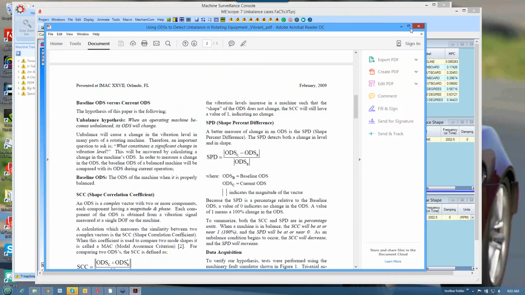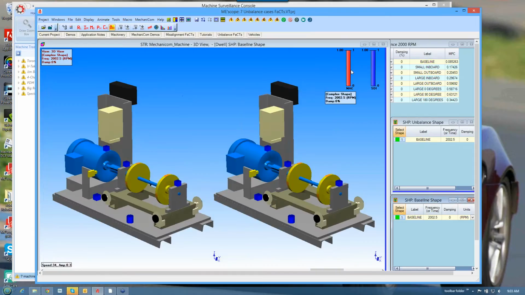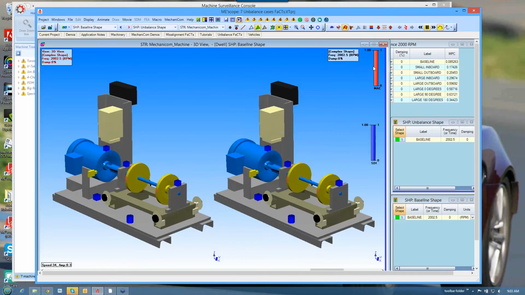Let me open the other paper because that's going to explain these 2 bars that you see up here on the screen. One that says MAC, Modal Assurance Criterion, the other one that says SDI. Let me pull these down here. Maybe we can see them a little better down where it's a little bit lighter. So those are the MAC and the SDI, and those are the numerical comparisons of these 2 shapes that are animating side by side.